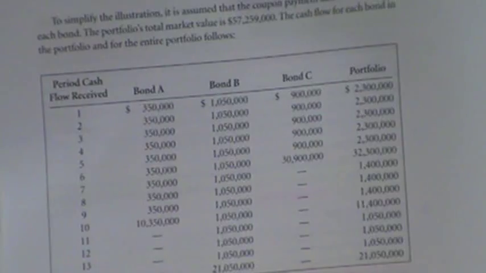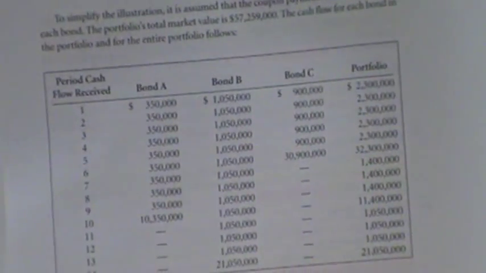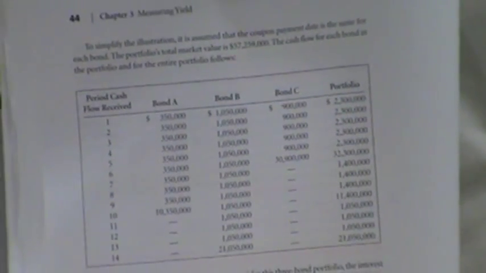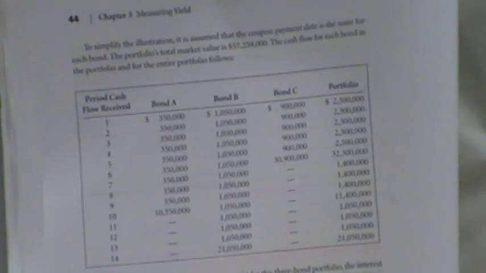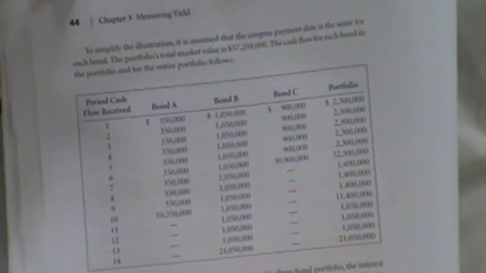You can use a financial calculator to punch in the numbers. You can also use Excel, computers, or software, and that's how you calculate. And that's page 44, and that's portfolio yield.